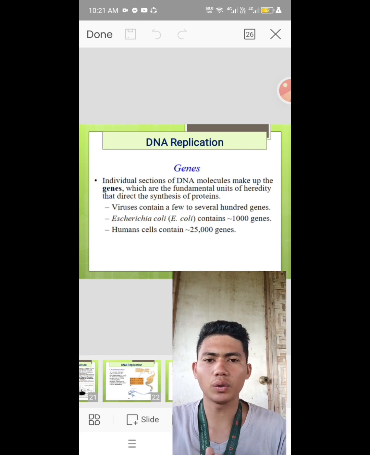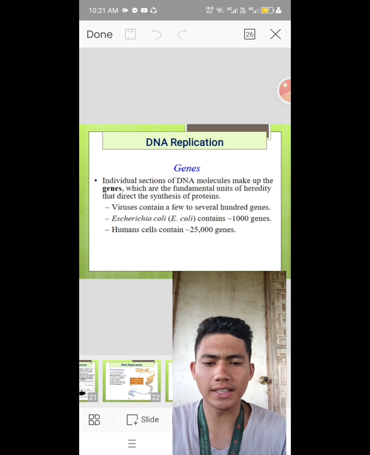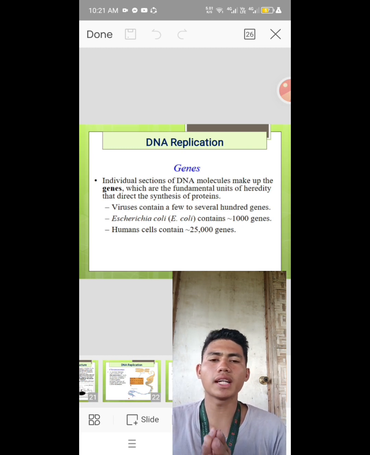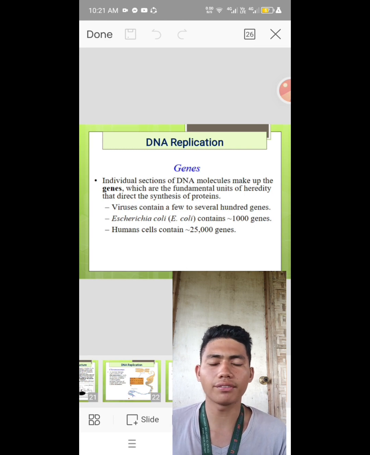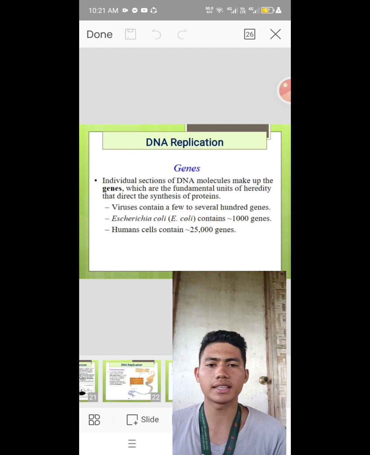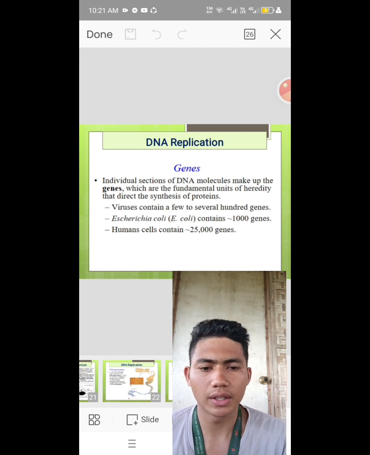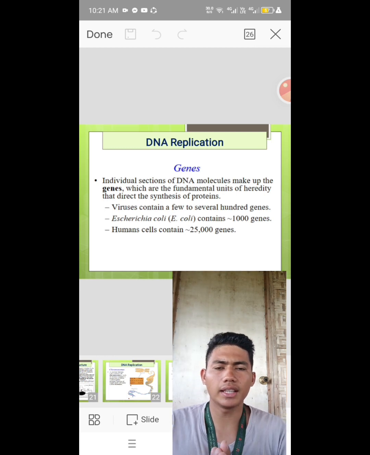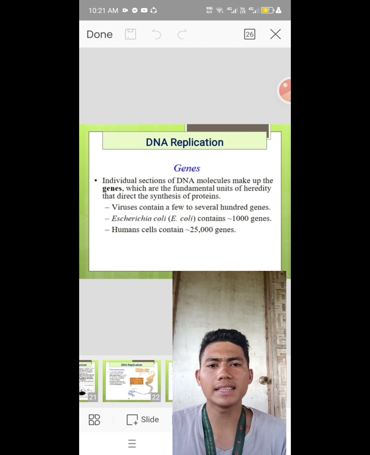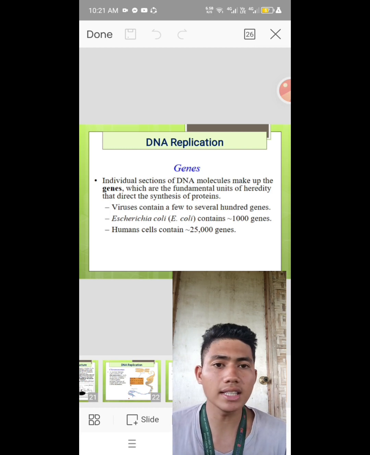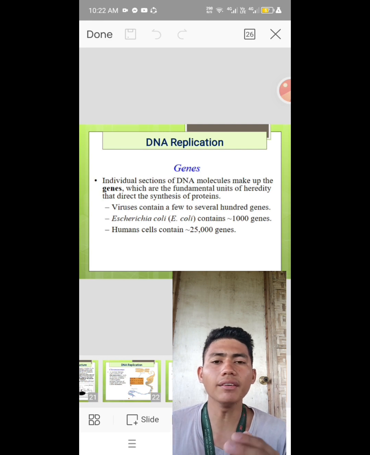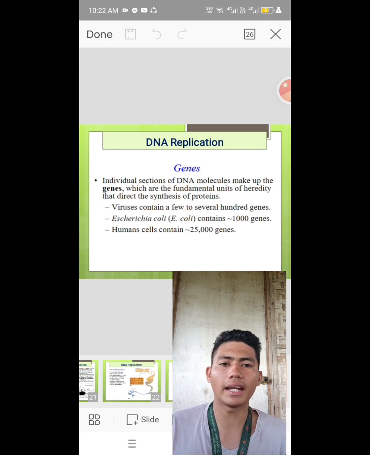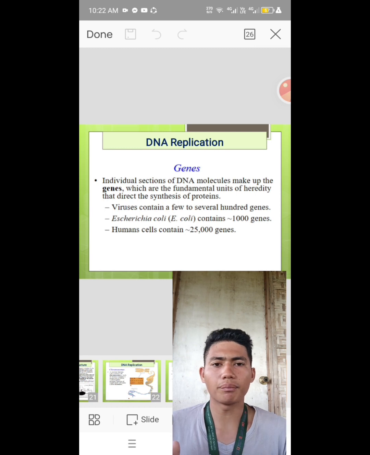Next is genes. Individual sections of DNA molecules make up the genes, which are the fundamental units of heredity that direct the synthesis of proteins. For example, in humans and most other complex organisms, one copy of each chromosome is inherited from the female parent and the other from the male parent.